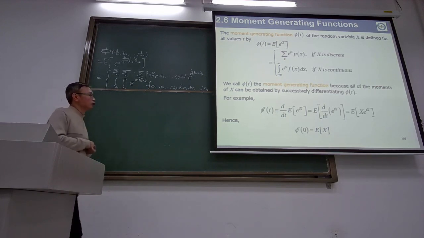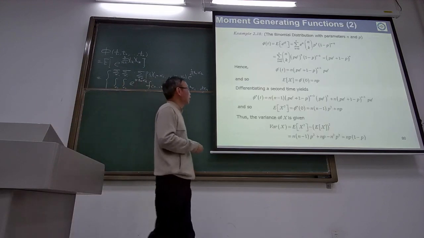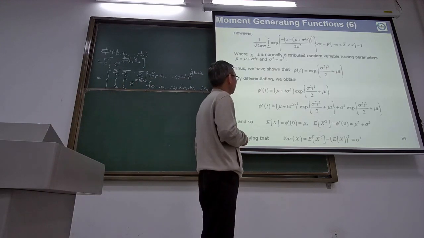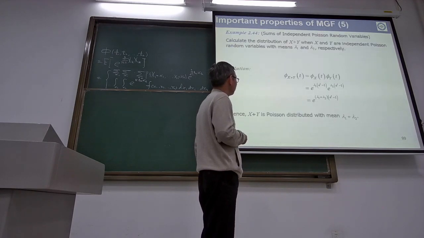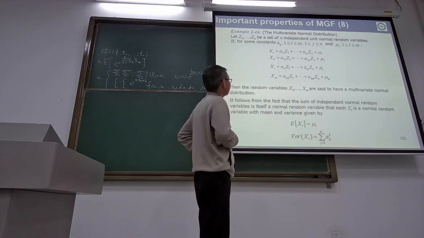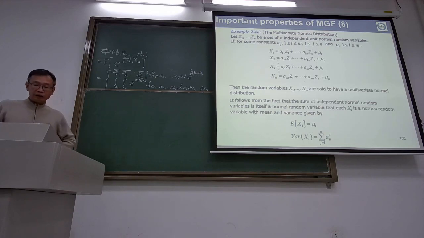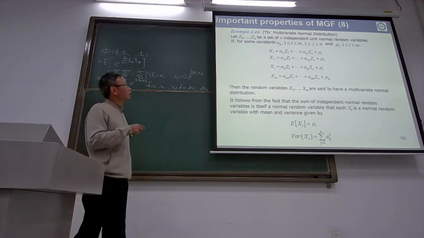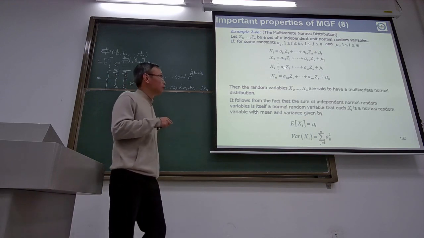Function of multivariate variables. In the following, I will show you an example. Here we see that the multivariate normal distribution can be defined as follows.